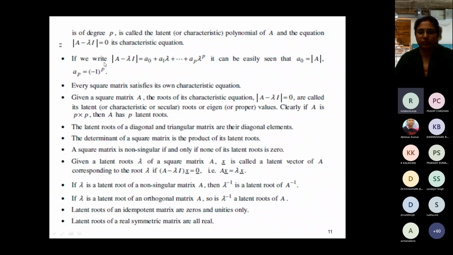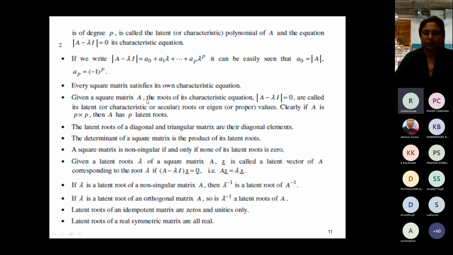Now, if we write this polynomial as a0 plus a1 lambda and so on, it can be easily seen that a0 will be the determinant of A. Every square matrix satisfies its own characteristic equation. This is a very important property.